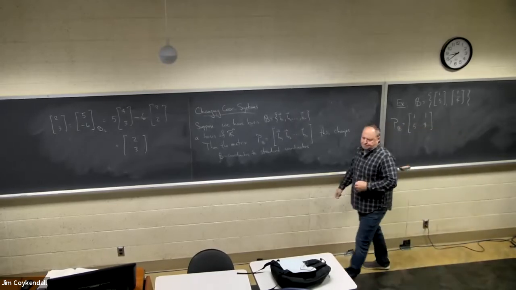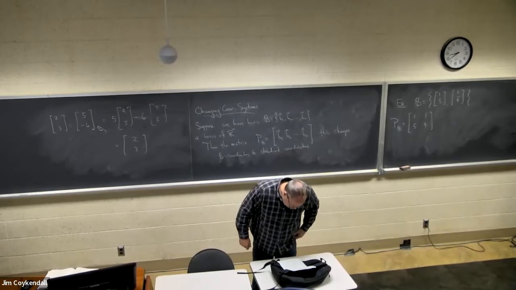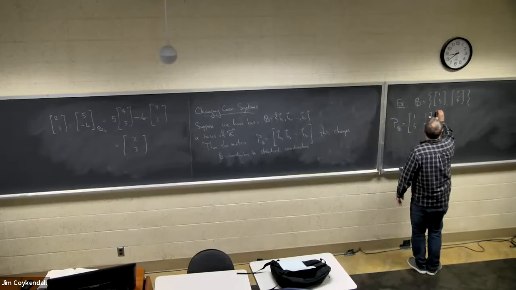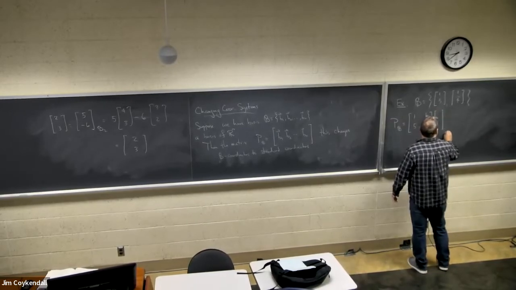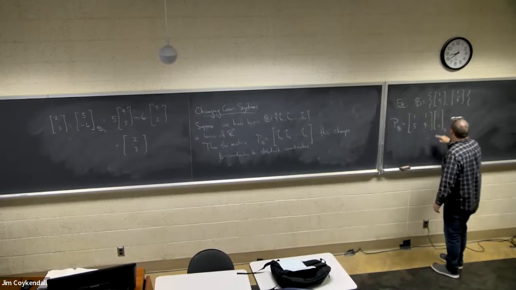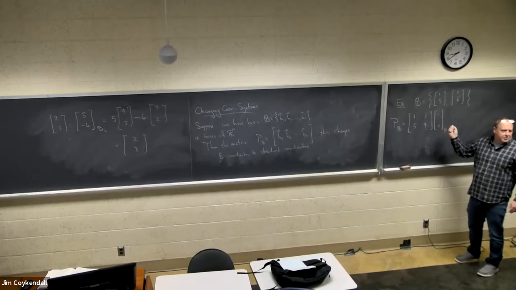Now, let me point out, so I'm going to write stuff down here that I'll explain later. What does 1, 0 mean in B coordinates?